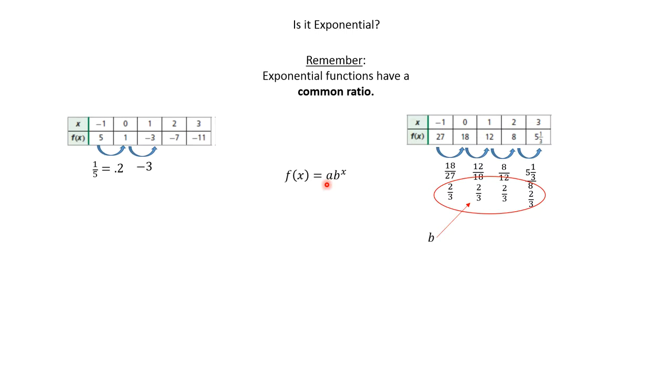A is the y-intercept. Where would we find the y-intercept? Right in the table. That's a. Sometimes maybe our table starts at 1, 2, 3. We'll go backwards 1 to figure out what 0 would be. But you can find this number right in the table. So we could write our equation: f of x equals 18 times 2/3 to the x.